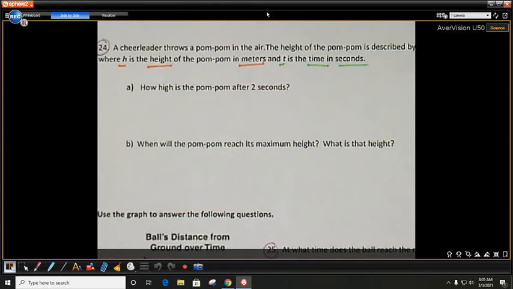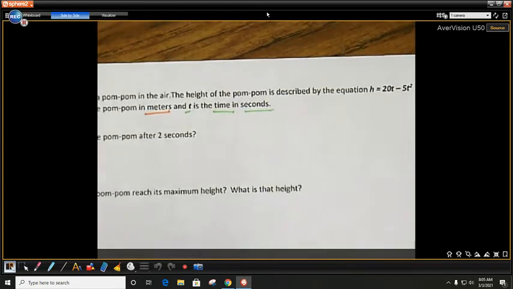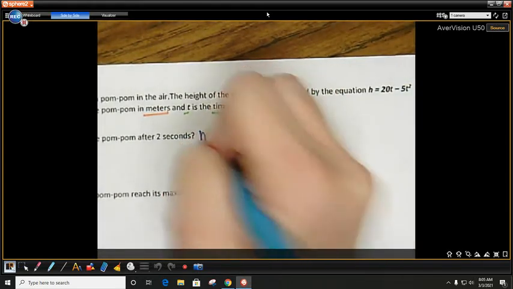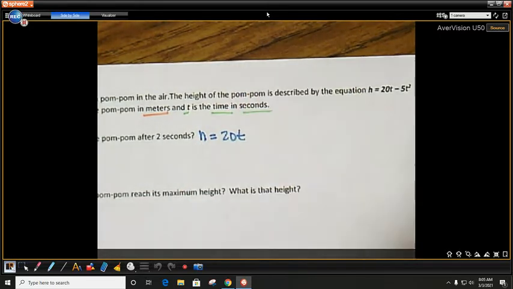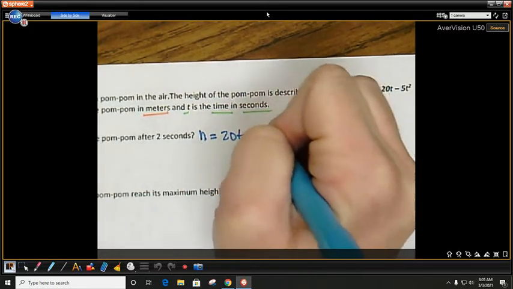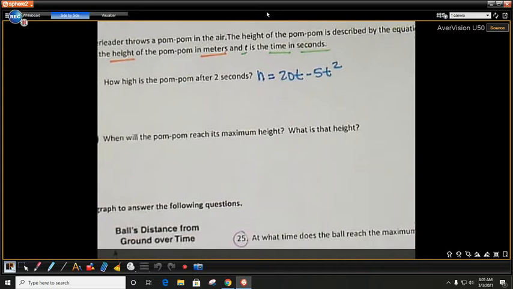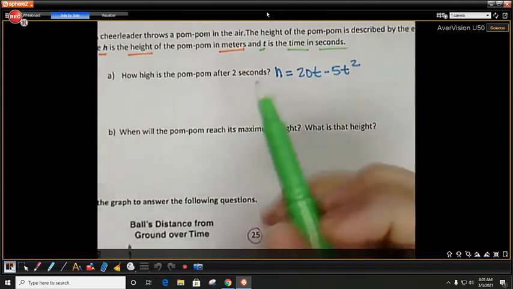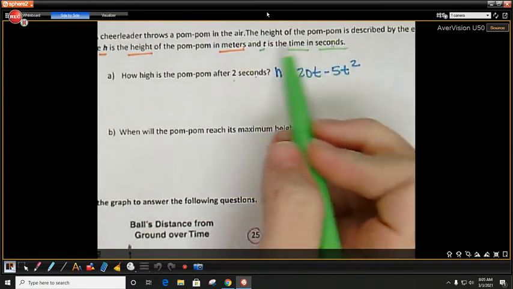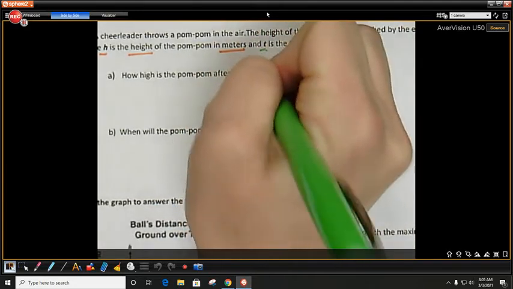Okay? So we have this equation. I'm going to write this over here so we can see it all on the same screen. So h equals 20t minus 5t squared. Okay? So how high is the pom-pom after 2 seconds? Well, 2 seconds. Seconds is my time, so this is my t.